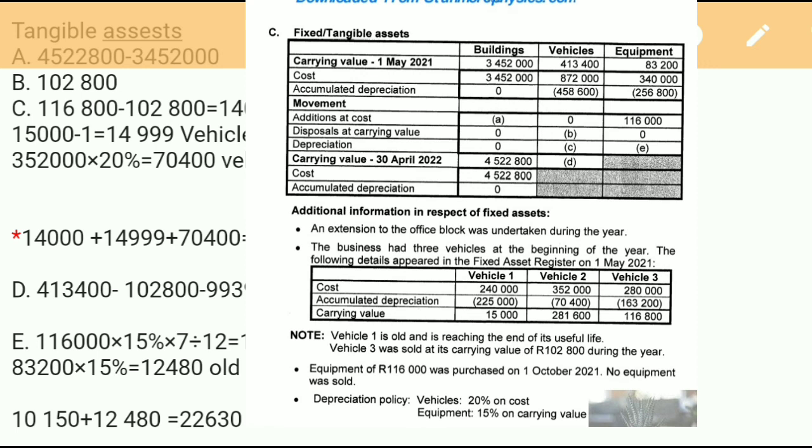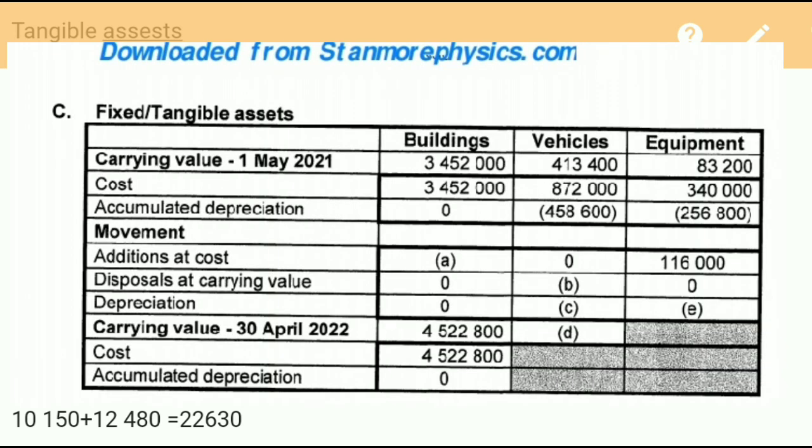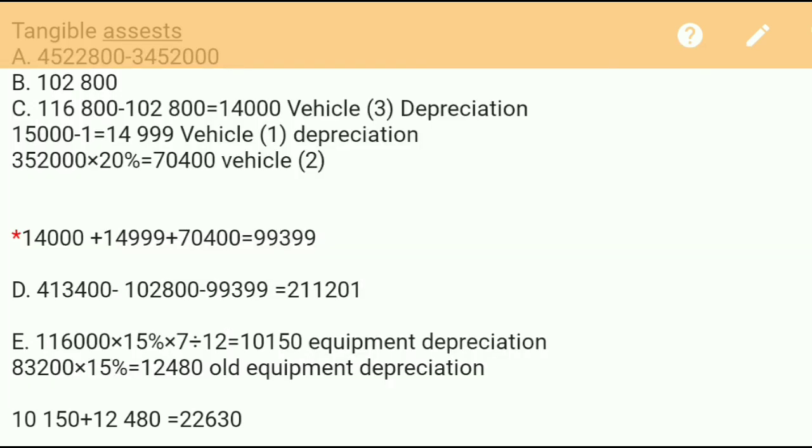You can see here on the table on top, in the equipment column, 83,200. You multiply it by 15%, which is equal to 12,408, old equipment depreciation. Then we combine both of the numbers, 10,150 plus 12,408, which is equal to 22,630. This is how you calculate equipment as far as the transactions say.